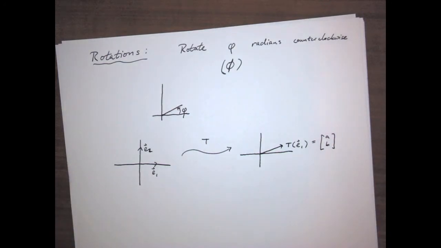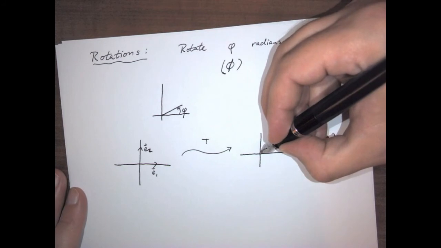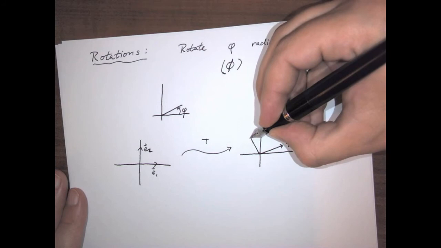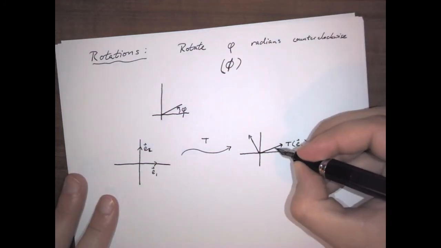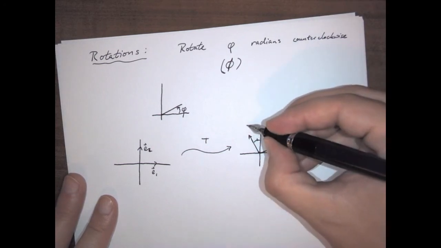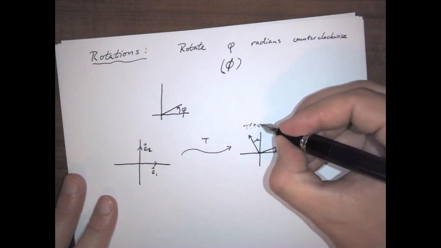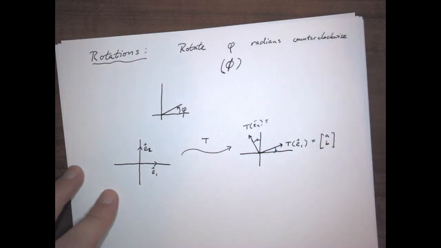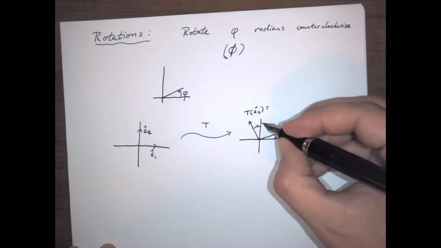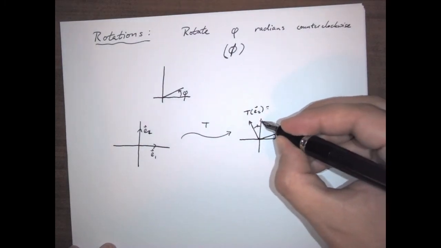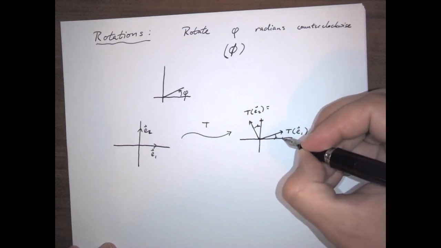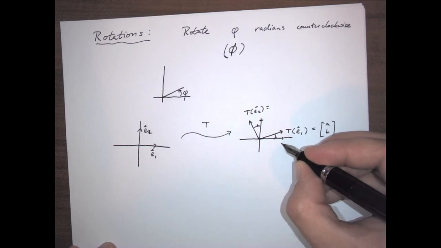And now let's think about E2. It gets rotated off of the y-axis the same amount that E1 got rotated off of the x-axis. So let's think about what this is actually going to be giving us. These are the same situations. So effectively, whatever the y coordinate is of this matches the x coordinate of this.